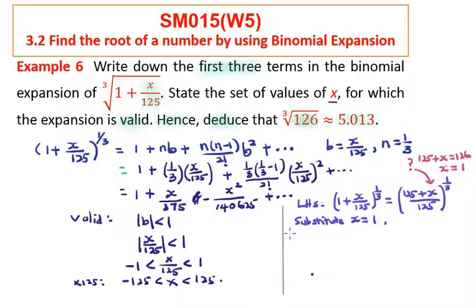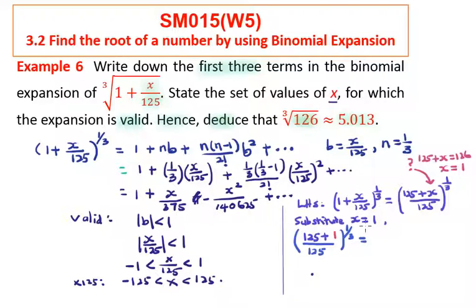So substitute into both sides, left-hand side and right-hand side. The left-hand side is 125 plus 1 over 125, all under the cube root.